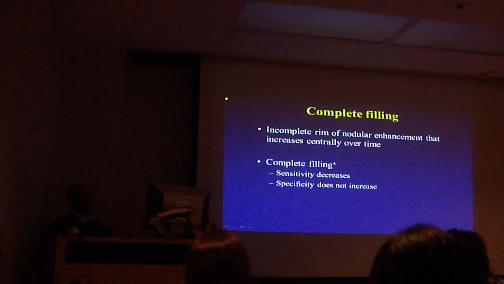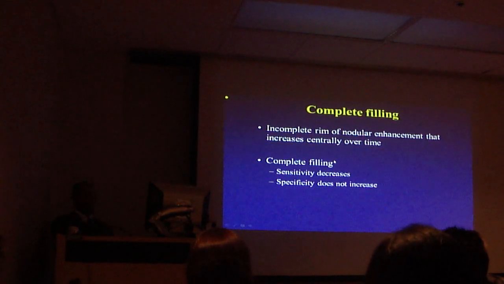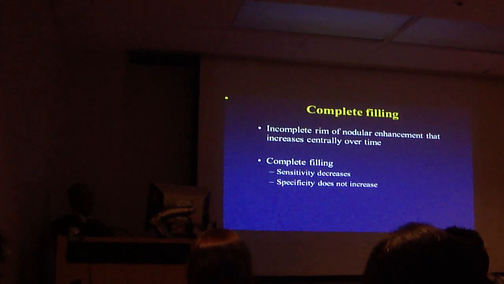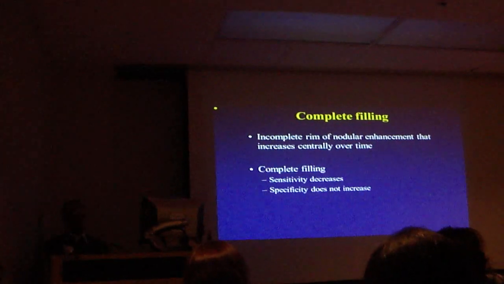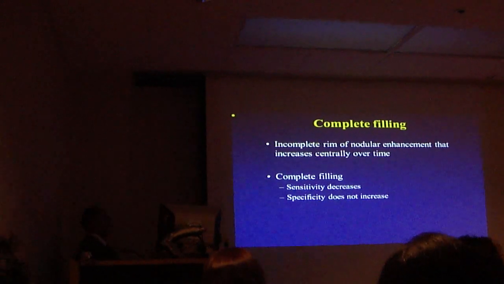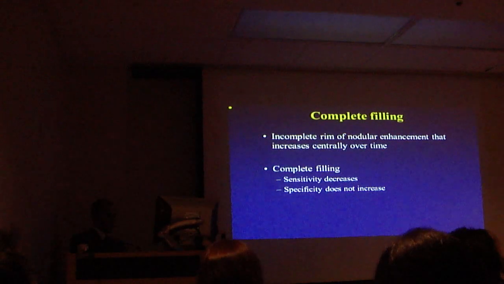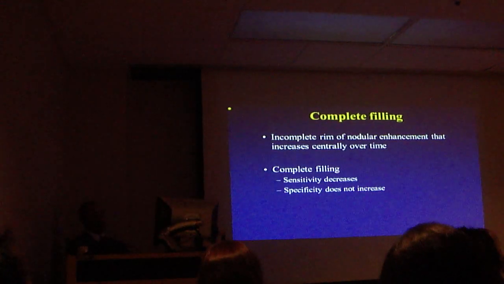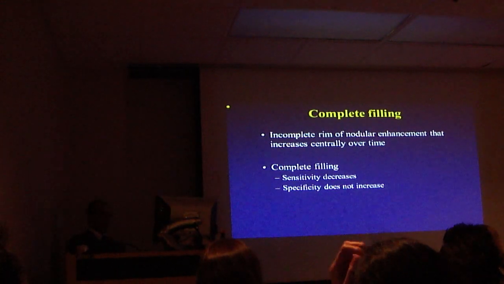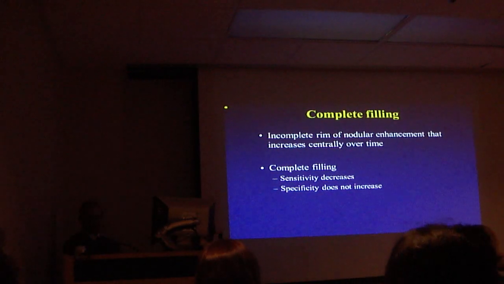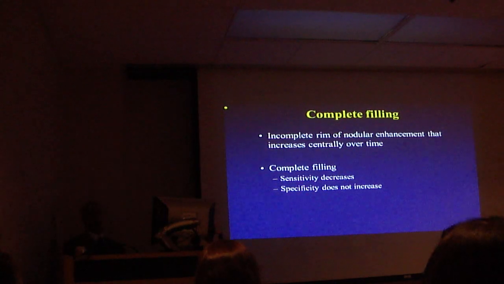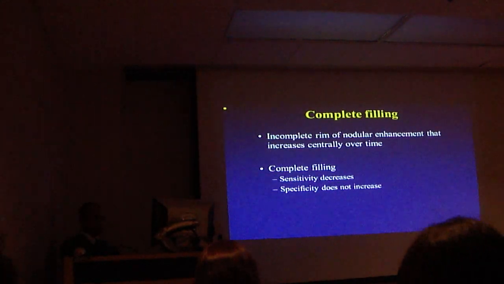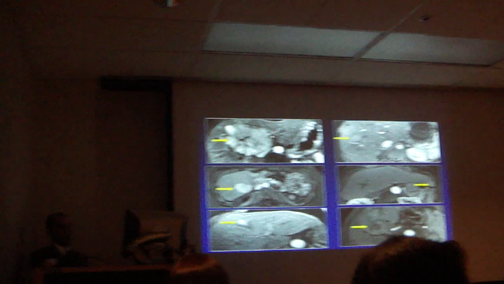If you rely on complete filling, the sensitivity decreases and the specificity does not increase, because you have limited, finite time per patient on the magnet. You cannot wait for 30 or 40 minutes for a lesion to completely fill in. But what you can rely on is, number one, the margin or borders of it, and number two, whether it washes out or not. Let's look at the next lesion.